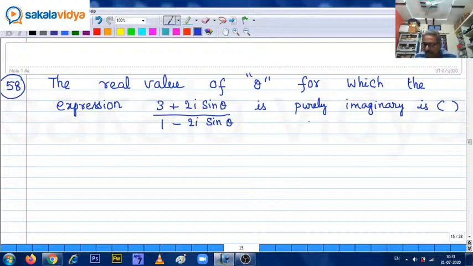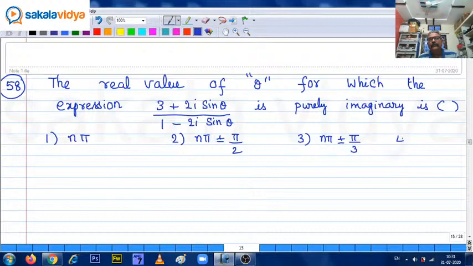I already told you, simultaneously both the equations do not hold good. In this case only sin theta is equal to 0 will satisfy. First option n pi, second option n pi plus or minus pi by 2, third option is n pi plus or minus pi by 3, fourth option is none.